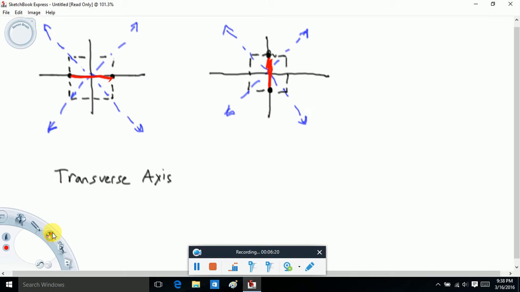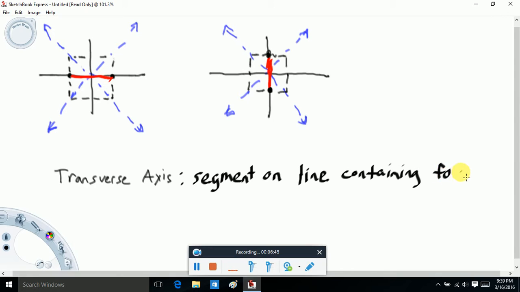So where are the foci? And has the vertices as endpoints.